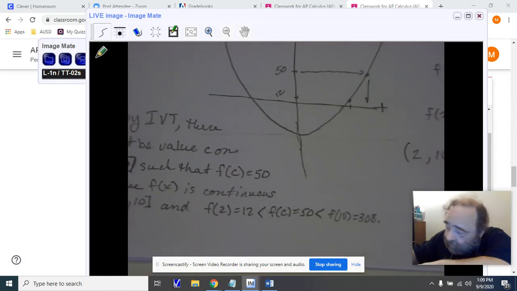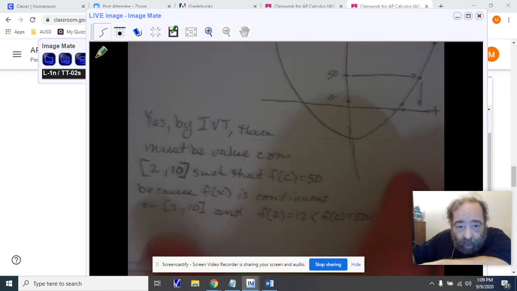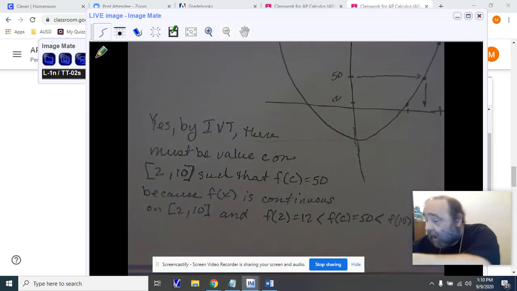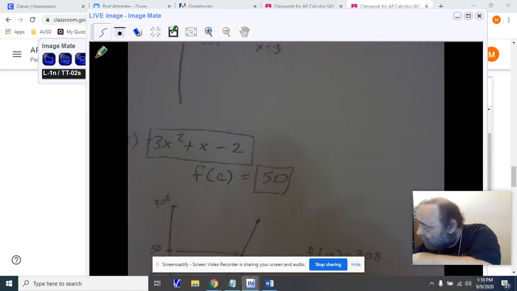Now, this is the answer that's telling us how we know. There has to be an answer on this interval because we're looking at a closed interval from 2 to 10, and we have an inequality that says f of 2 is 12 and f of 10 is 308. There has to be a 50 between them. Now, we found what that was.